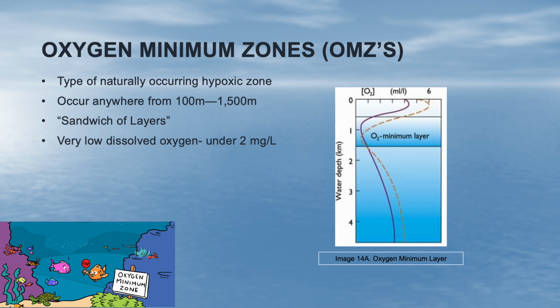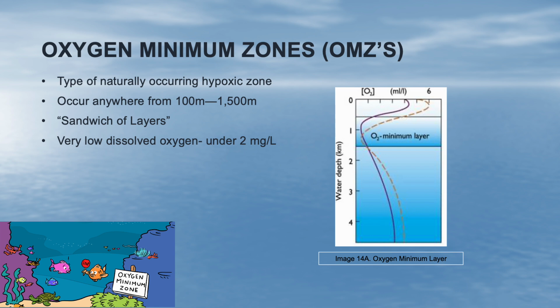These oxygen minimum zones typically occur anywhere in a broad range of 100 meters to 1,500 meters in depth in the ocean, and they're often called a sandwich of layers as they lie between a very high concentration of oxygen, which is obviously at the surface, and a very low concentration of oxygen in the really deep oceans.